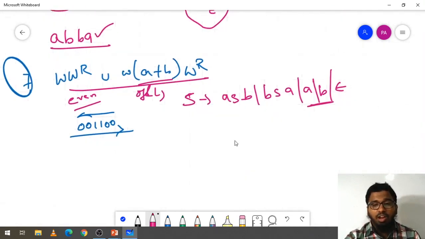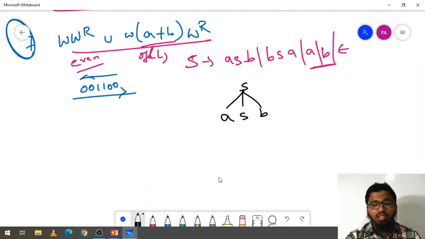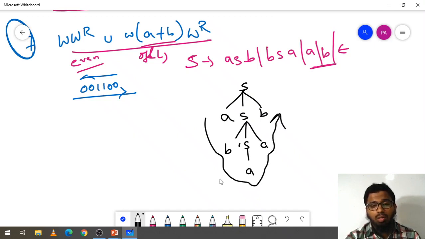palindrome. Let's see here. S goes to 1, 2, 3: A S A, B S B. Okay, next in this S I am adding this one B S B, then again I am adding this A here. So let's check it out.